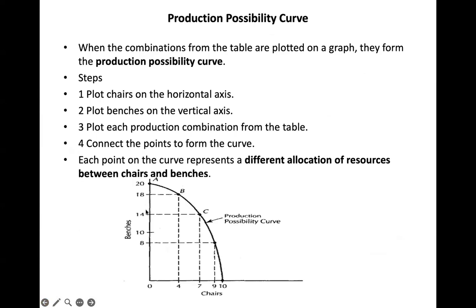He has forgone 4 additional benches, but he has adjusted it to 7 what? Chairs. So he has increased what? The number of chairs. But he has forgone what? 4 additional benches. So moving along the curve illustrates opportunity cost.